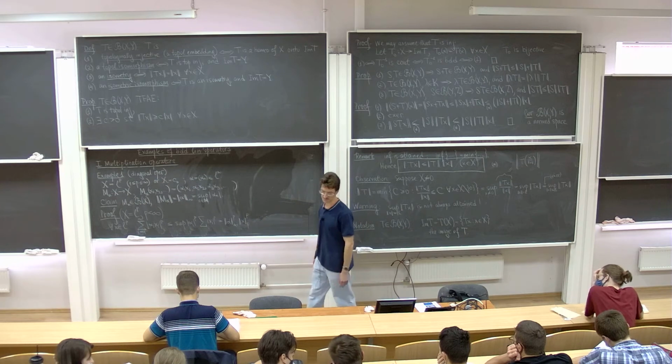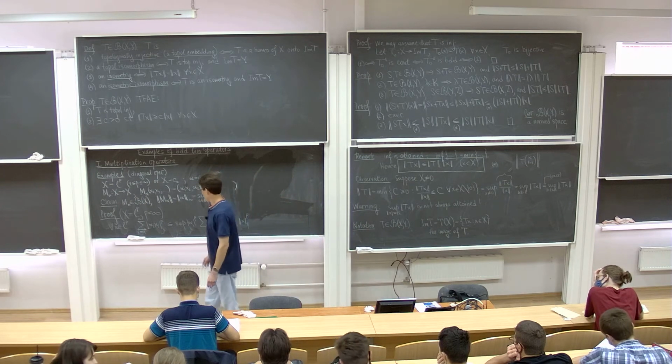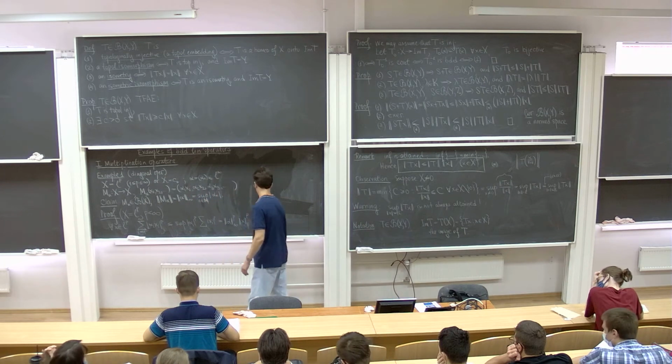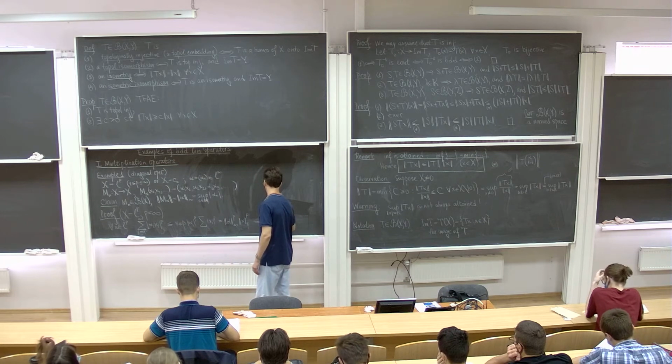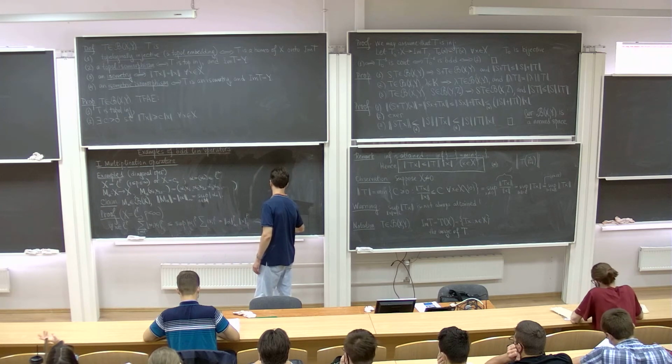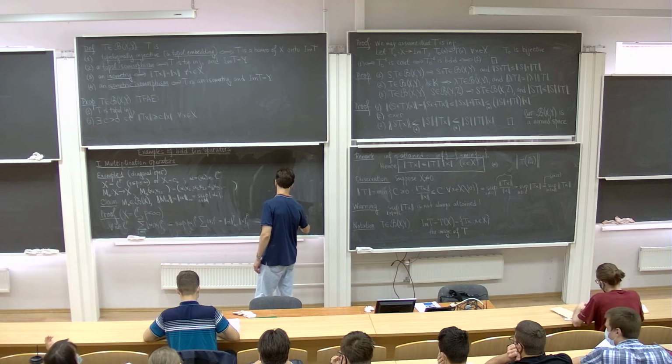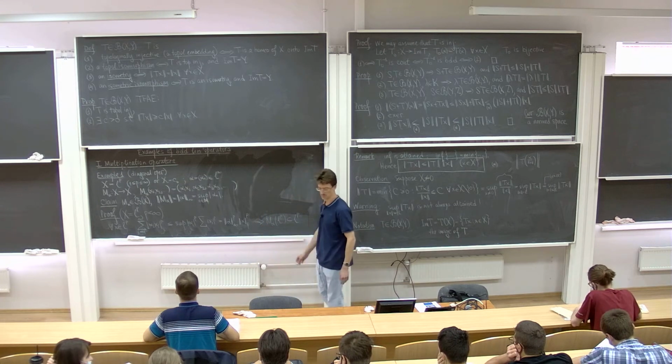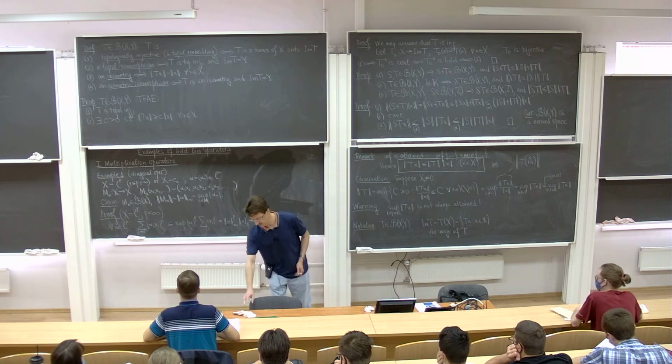And this is finite. So this inequality implies that M alpha indeed takes l^p to itself. So it is a linear operator from l^p to itself.